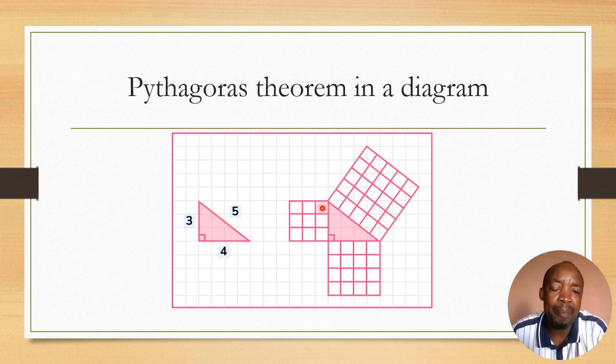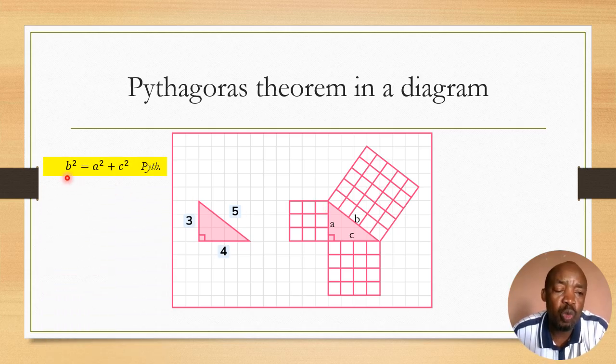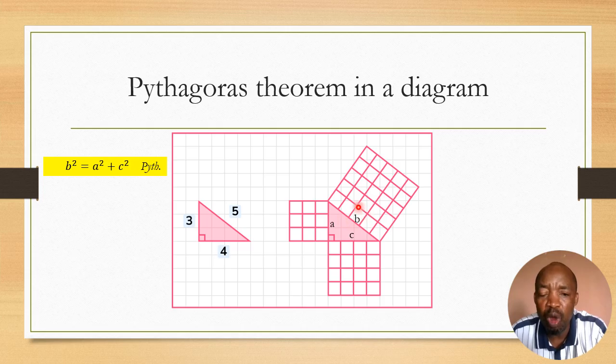Now, the theorem in a mathematical form states that b squared, which is the hypotenuse, you see there I have put small b to measure that side, small b squared is equal to small a squared plus small c squared.